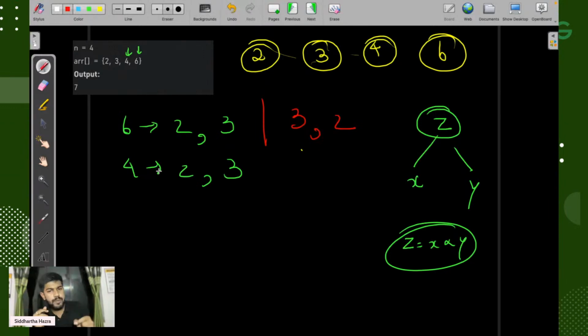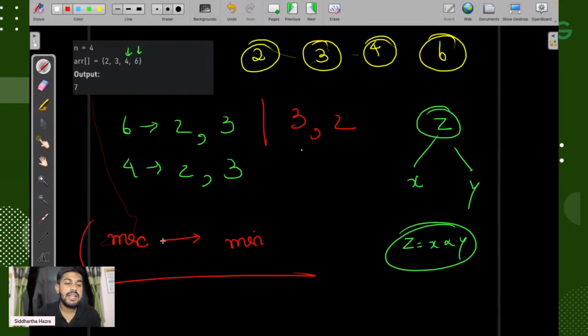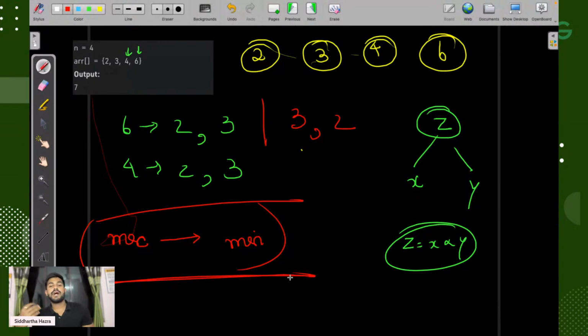So the concept of looking from the maximum and going to the minimum is there. This is the intuition: we start from the maximum element, move forward to the minimum element, and try to build the binary tree by seeing whether its multiples are present or not.